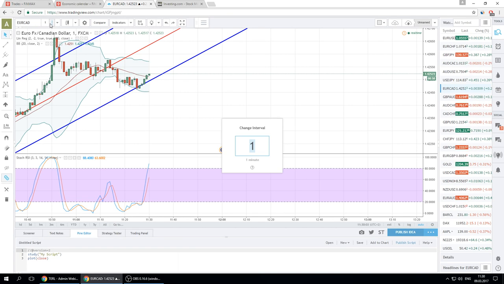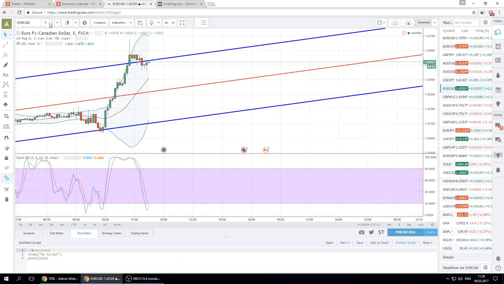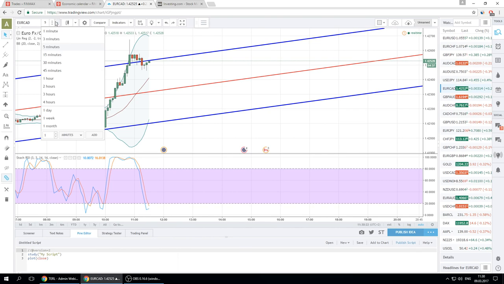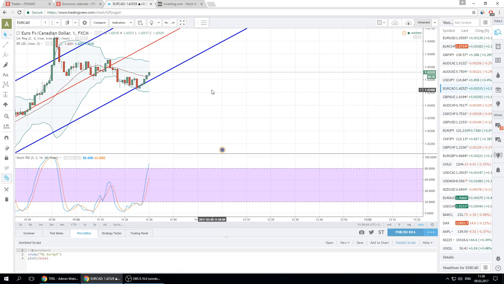We see that it's still growing, and 5 minutes is also growing. So right now what we're going to do, we're going to open the trade for, I'm not sure, need to check one more time.